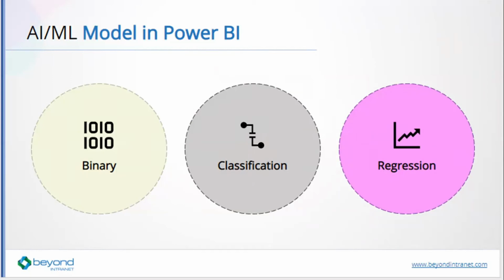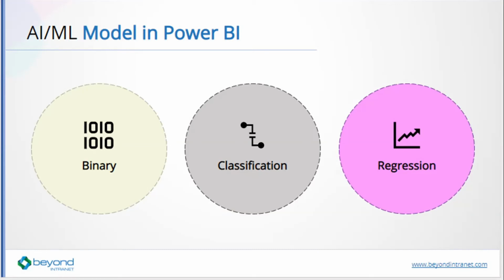For example, if you want to predict whether your experiment will be liked or disliked, or if you have a policy business, how many policies will be cancelled or accepted. In this case, Power BI recommends the binary model.